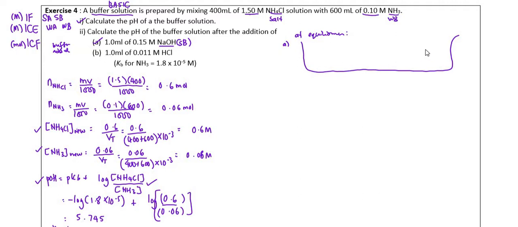At equilibrium, your buffer, what are the species involved? As I taught you in the previous lesson, ammonium chloride with ammonia. Okay, ammonia is still present.